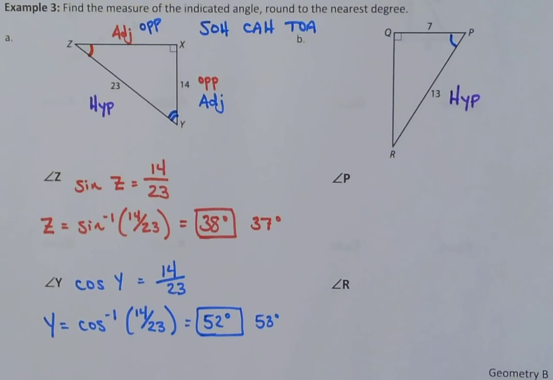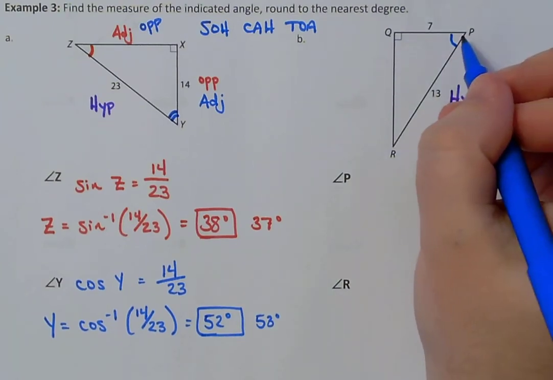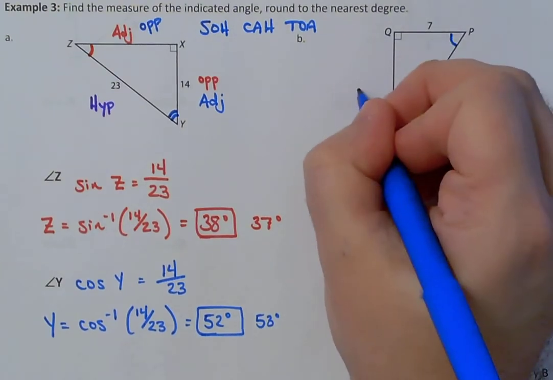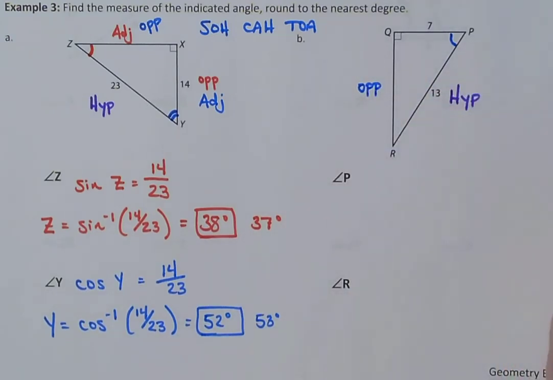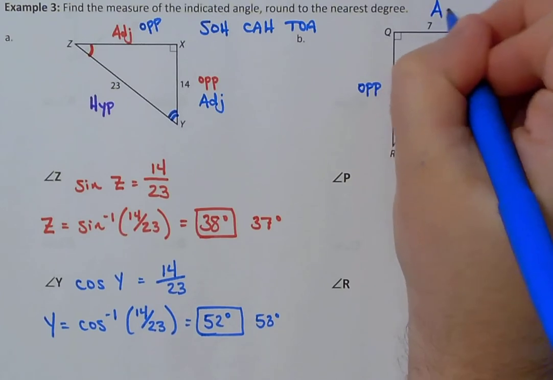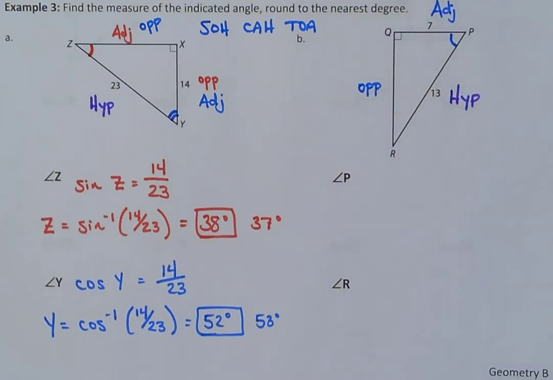Then, using angle P as my reference angle, I do not know the measure of my opposite side, that is RQ, and the side that's adjacent is 7. So the two things I know are that my adjacent is 7 and my hypotenuse is 13 for angle P.